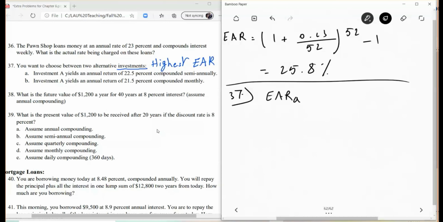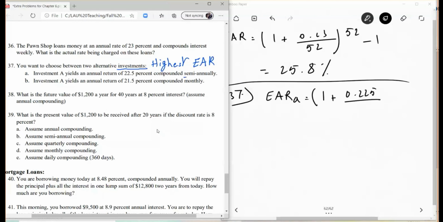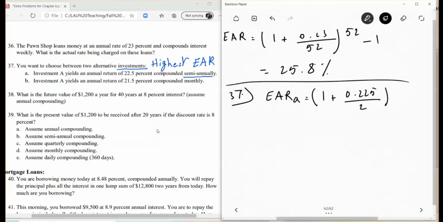Of the first investment, this is equal to (1 + 0.225/2)^2 - 1, compounded semi-annually. So this is equal to 23.77%.